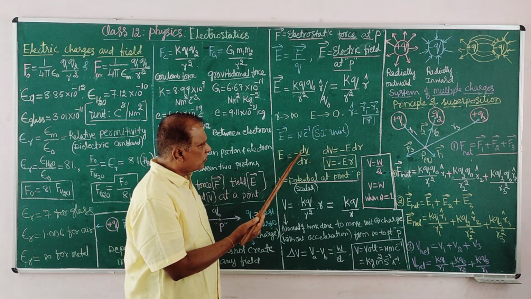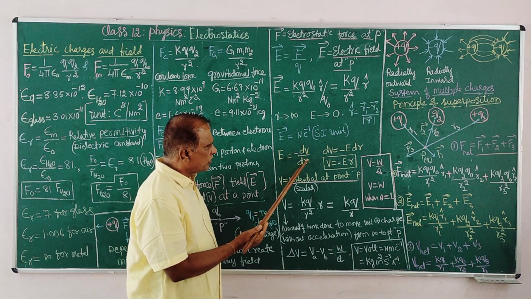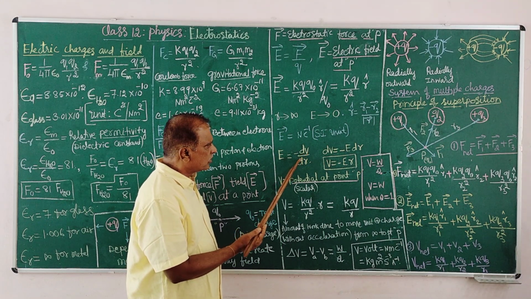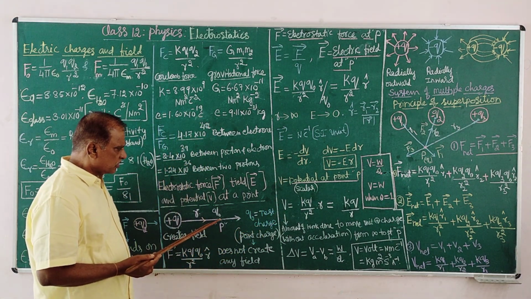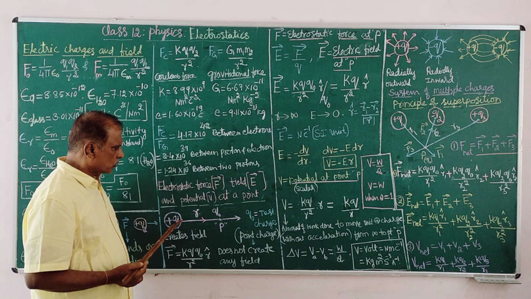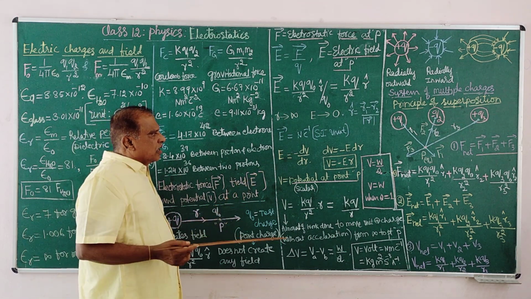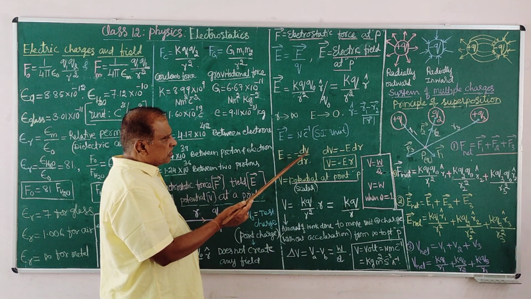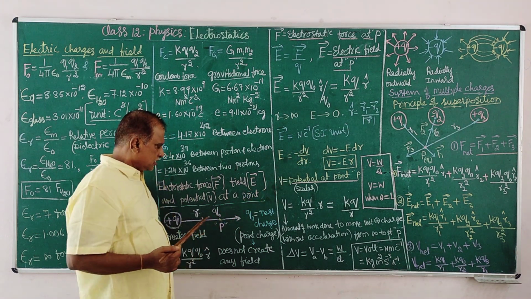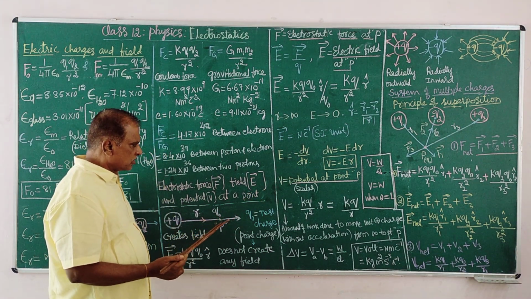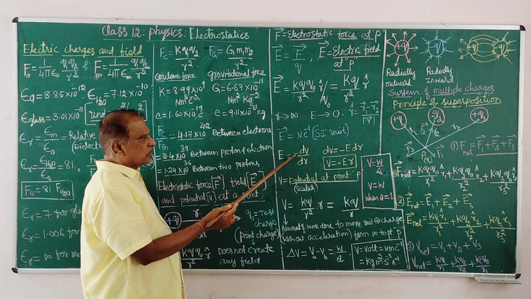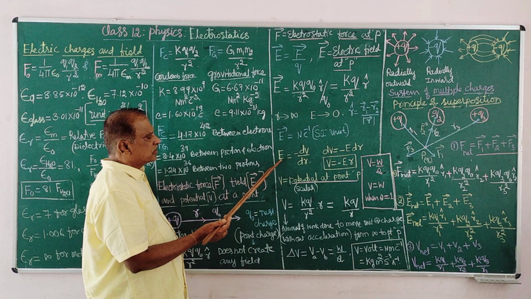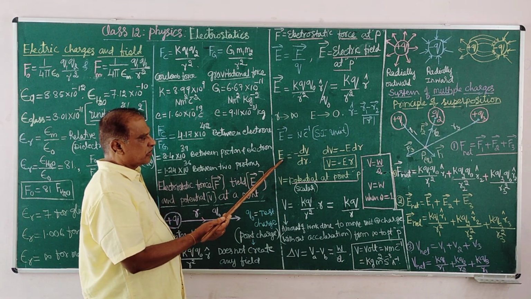It is the rate of change of electric potential with R. The minus means the potential decreases with R. As R increases, potential decreases. That is the differential form, the definition of electric field at every point.